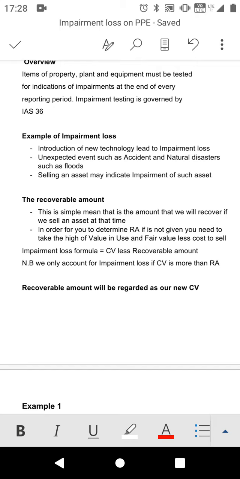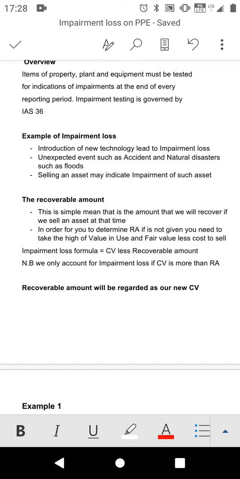For example, if you had an accident and you decided to sell the parts of the vehicle to other people, the amount that you get when you sell all those parts, we call a recoverable amount. That's the amount that you manage to recover.